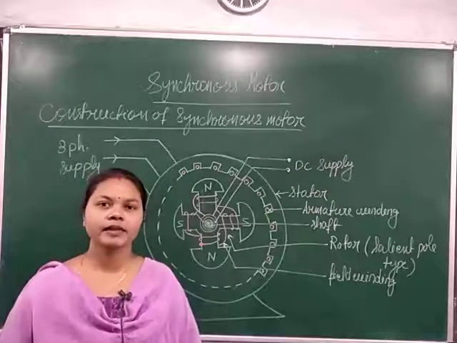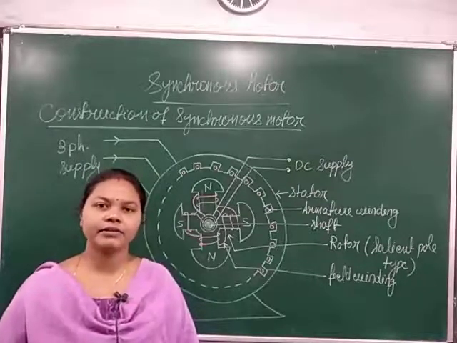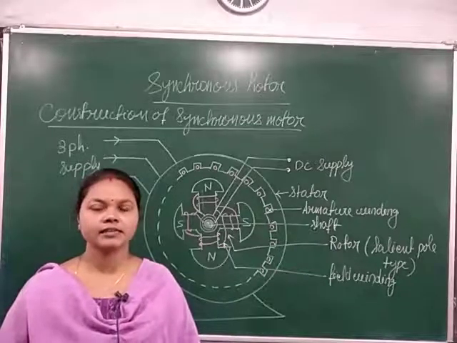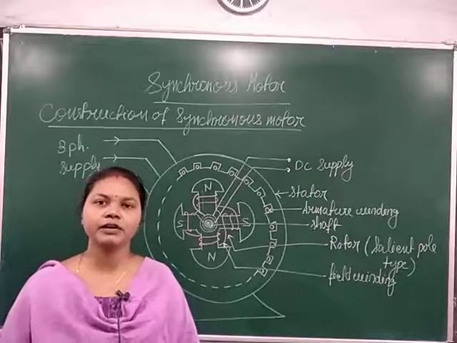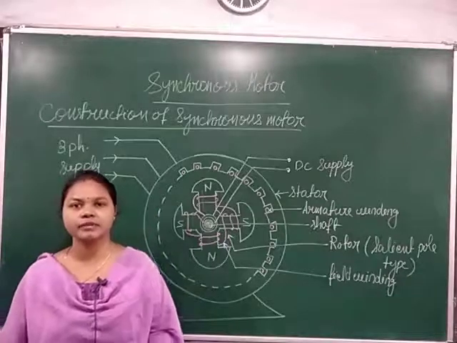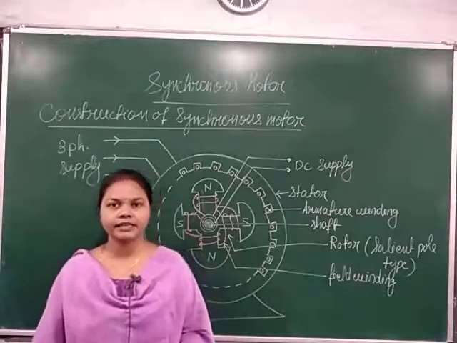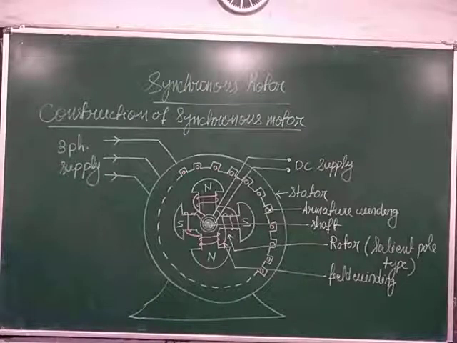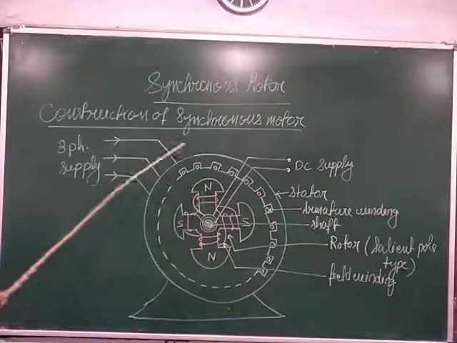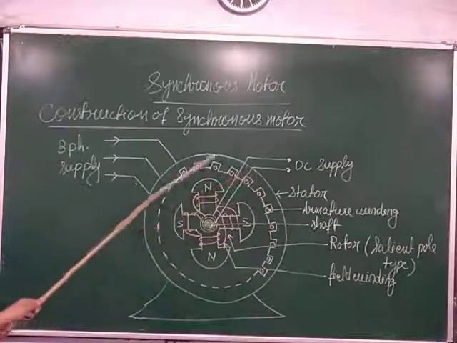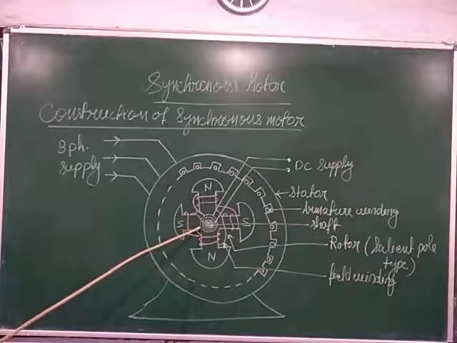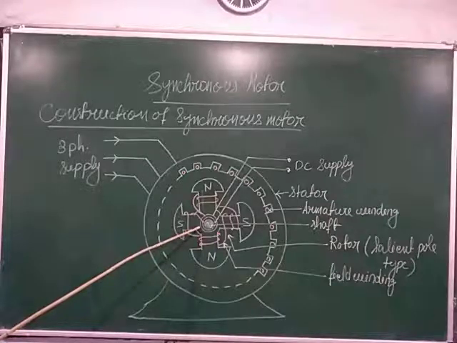It means there is an advantage of taking the armature winding as the stationary part, which we have already discussed in the alternator part. So here see the main parts. This is the stator and this internal part is the rotor.